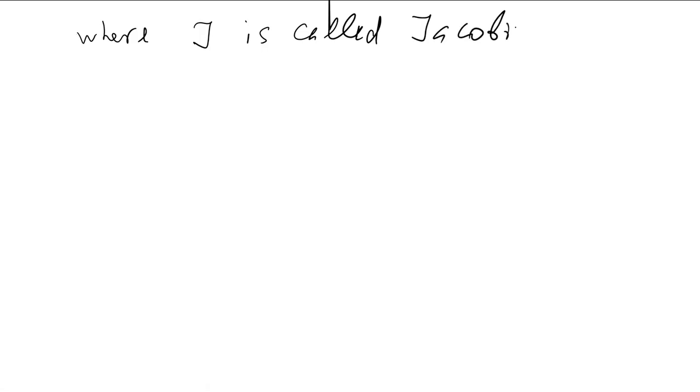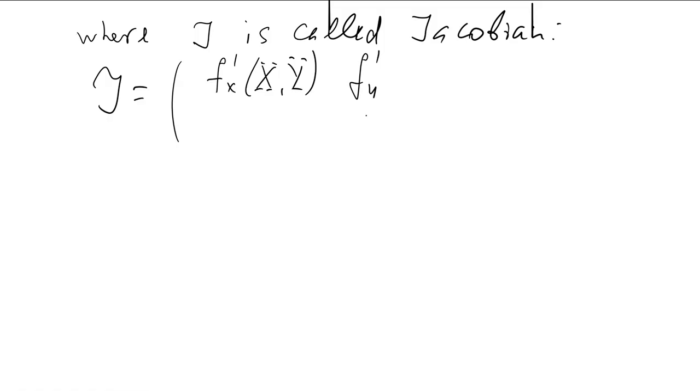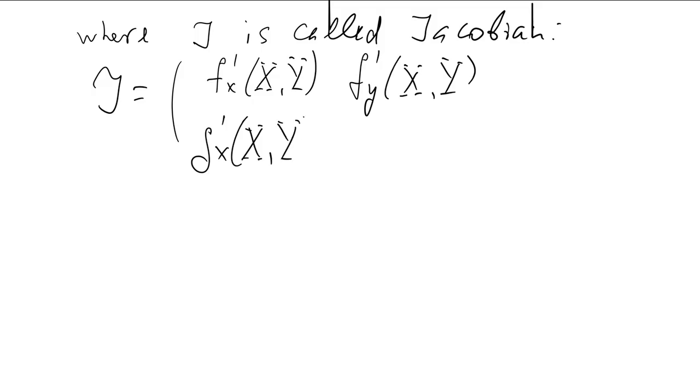So here, J is called the Jacobian, and J is given by the partial derivative of f over x at x capital, y capital, the derivative of f over y at x capital, y capital, the derivative of g over x at the fixed point, and the derivative of g over y at this fixed point.